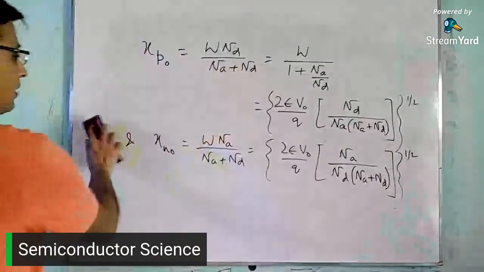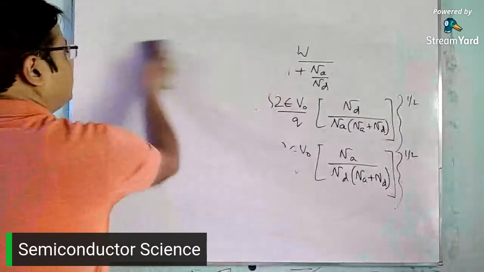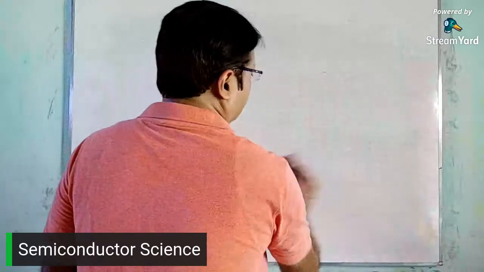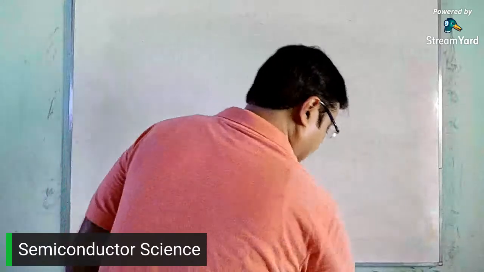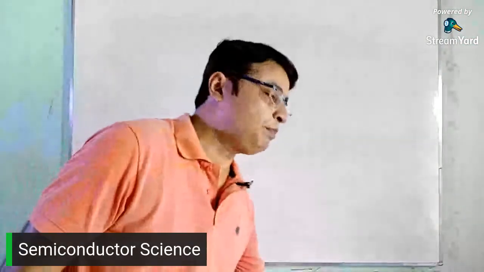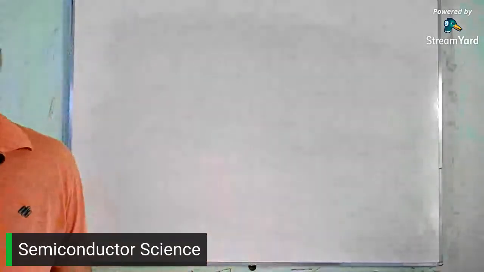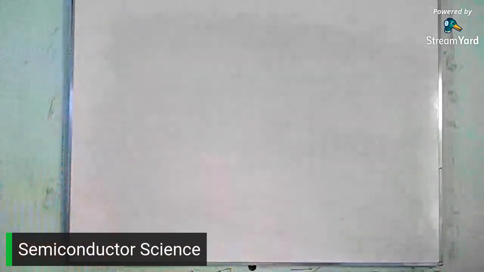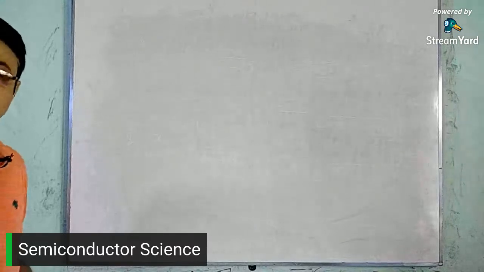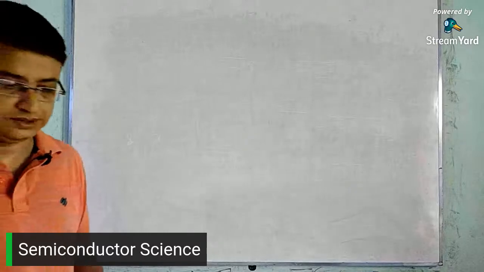So whenever we apply any bias, we assume that an applied voltage or an applied bias of value capital V appears across the transition region of the junction rather than in the N and P neutral regions.